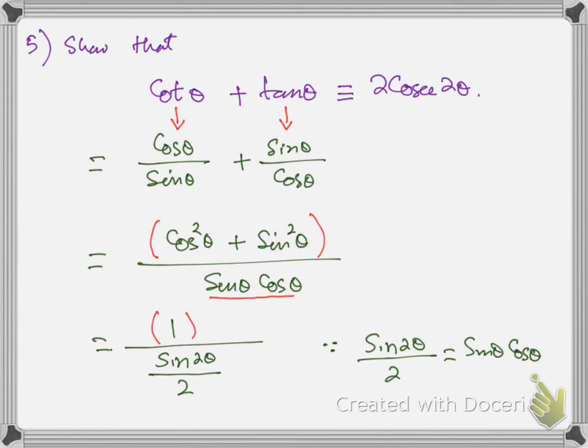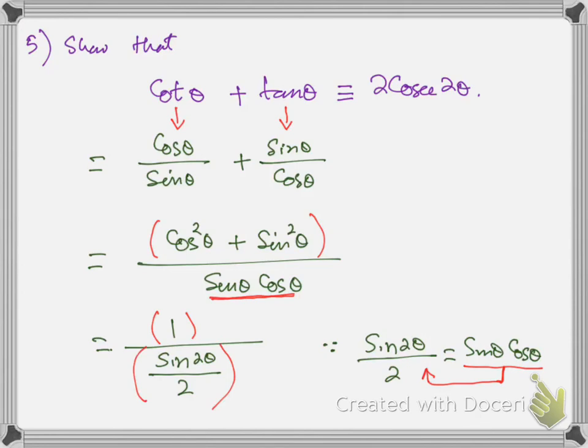The double angle form of sine 2 theta. So we need product. I told you when we need product of sine and cos, then we use double angle. So I have found this product by using double angle formula. So I have to replace sine theta times cos theta by this thing here.